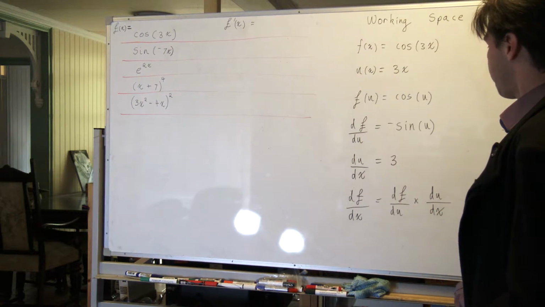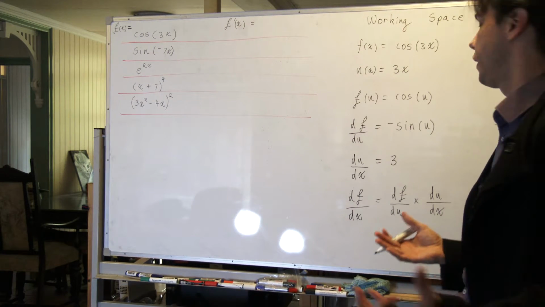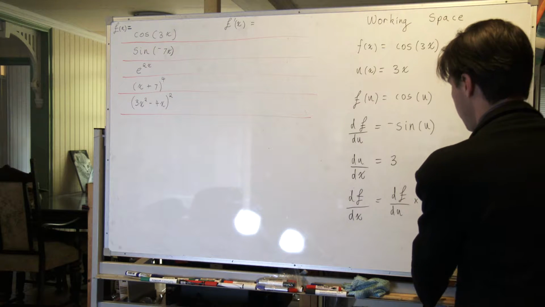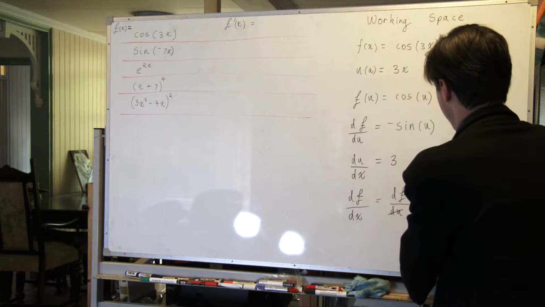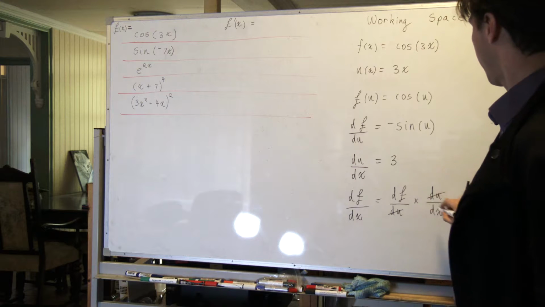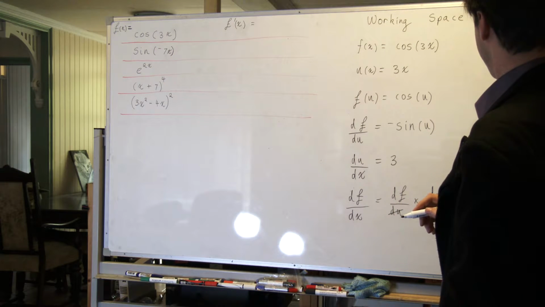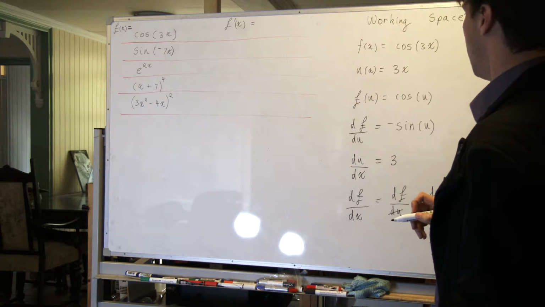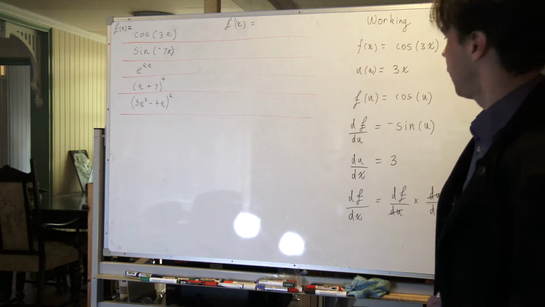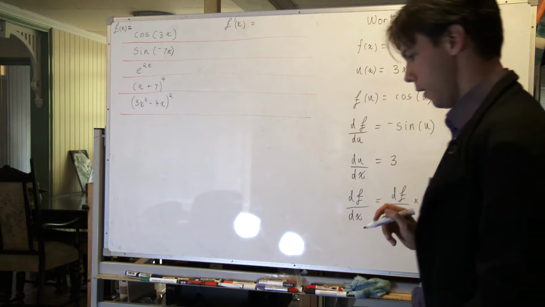And then you can see if I multiply those quantities together, the du's cancel out and I'll be left with df dx. So my working out is going to spill over to the side here.